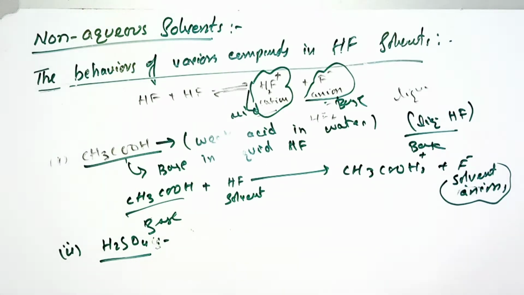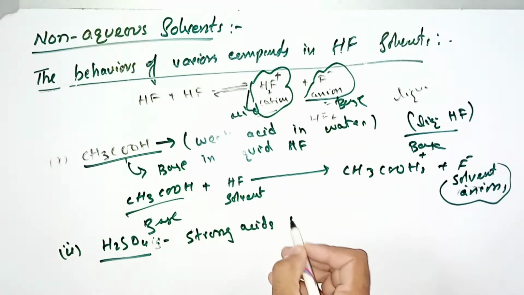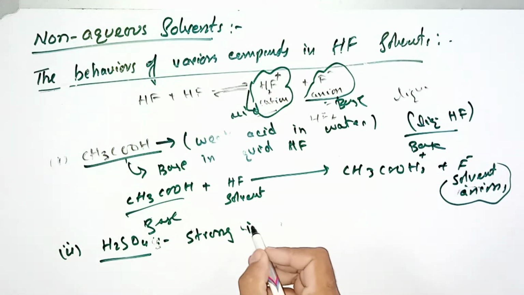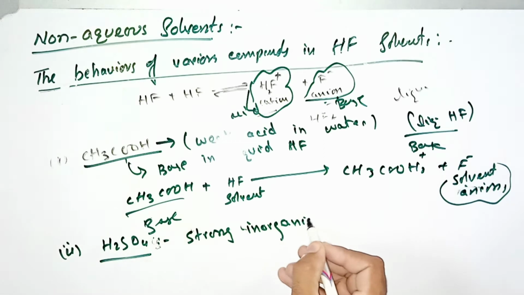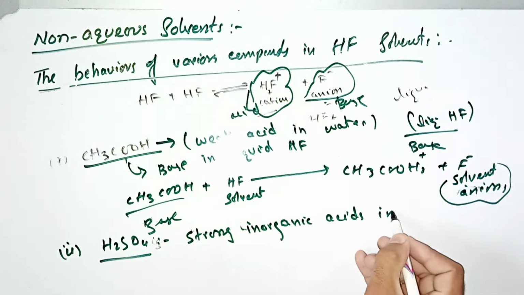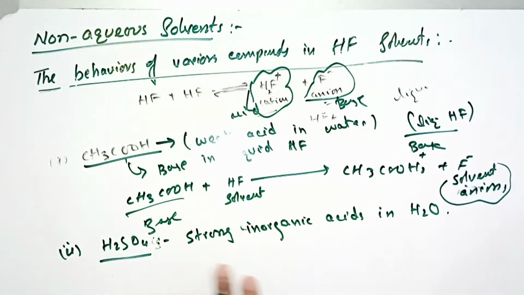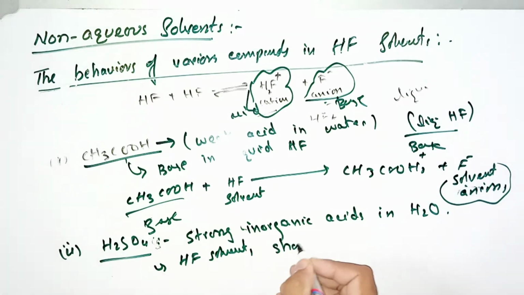Let's do H2SO4 first. It is a very strong acid in water solvent, but in HF solvent the behavior will be completely different. In HF solvent, it will show basic character.